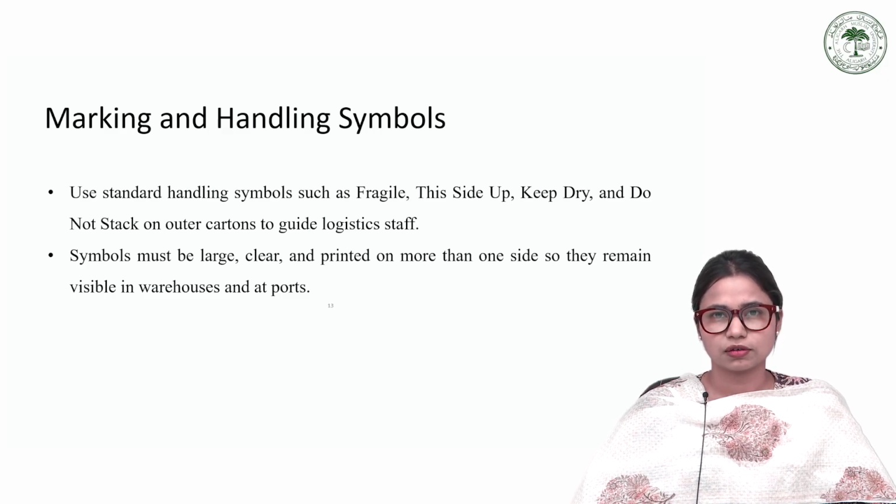For example, if you are exporting or importing a refrigerator or an AC unit, those packagings have marking and handling symbols like this side up, keep dry, and do not stack on outer cartons in order to guide and help the logistics staff identify easily, right? Symbols must be large, clear, and printed on more than one side so they remain visible in warehouses and at ports.